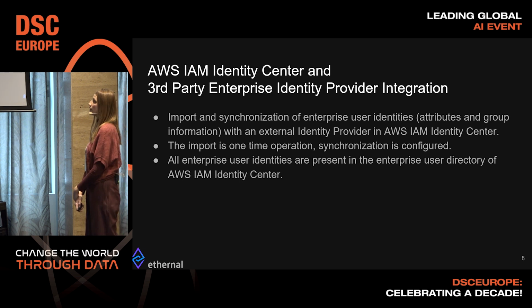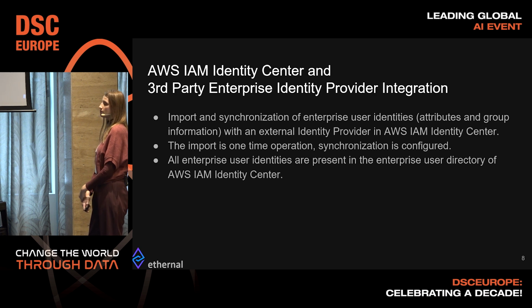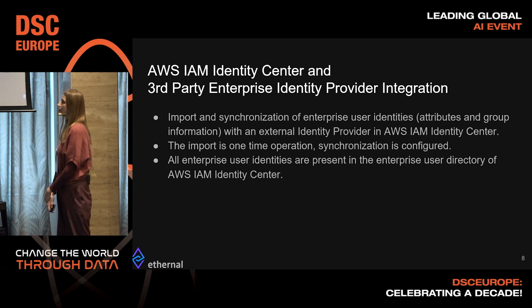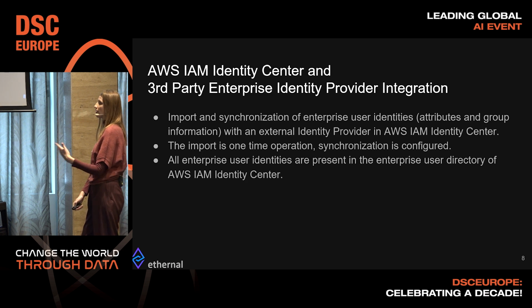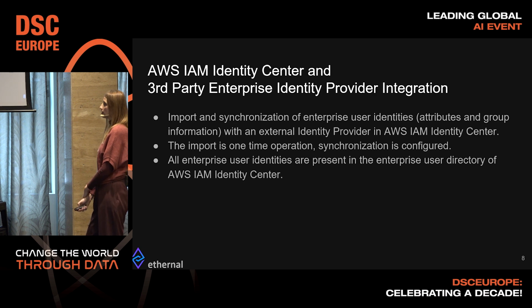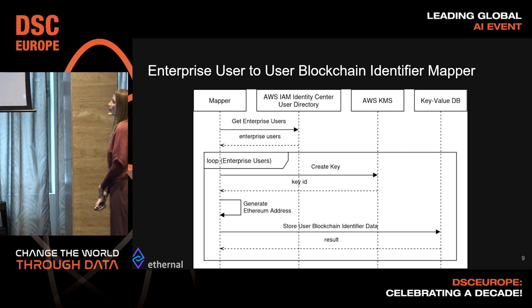In that sense, everything that is related to authentication is federated back to the third-party provider. In this way, we have all enterprise identities available, so we can access them in order to assign them blockchain identifiers. It's important to say that import is done once, while synchronization is done in a timely manner. So every time something is changed on the third-party side, that change will be reflected in AWS.